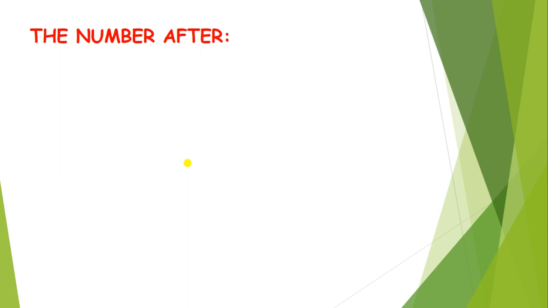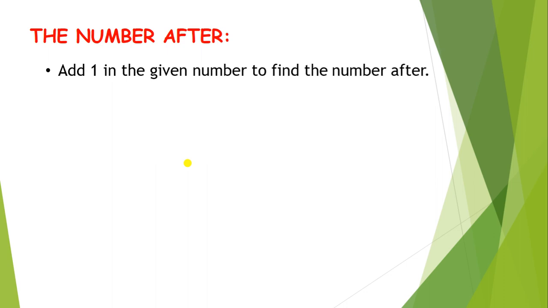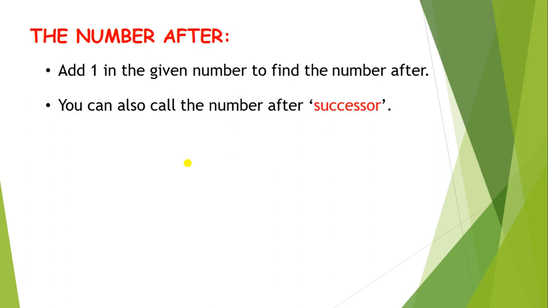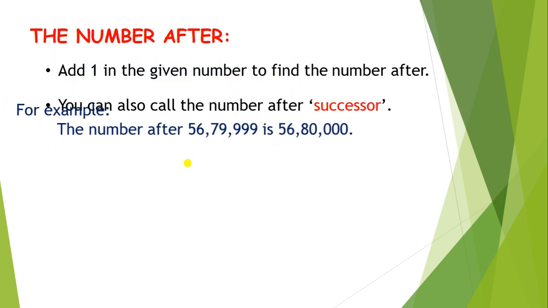The next topic is the number after. Add 1 to the given number to find the number after. We can also call the number after the successor. So to find the successor, we need to add 1 to the given number.